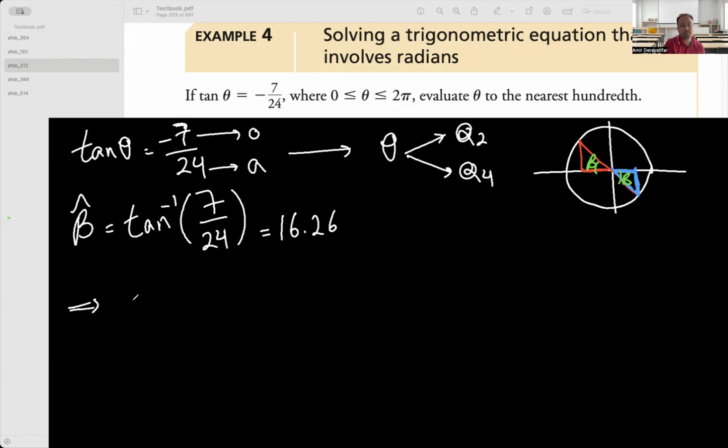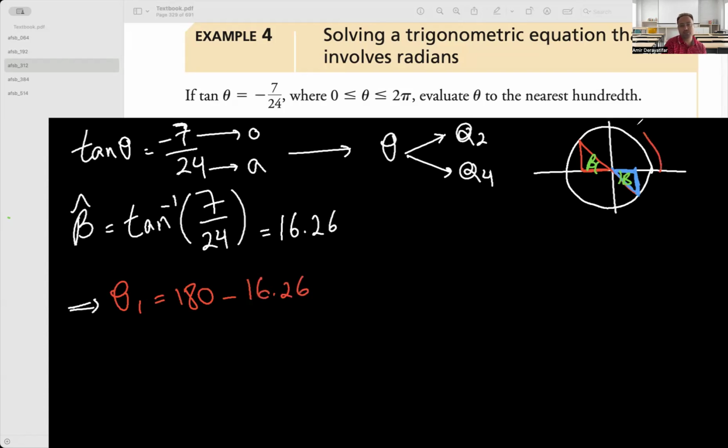And if that is beta, theta would be, so for theta 1, let's call it that because we have 2 solutions, right? In quadrant 2, I'm going to write it in red so you can see the difference. Theta 1 in quadrant 2 would be 180 degrees minus 16.26.